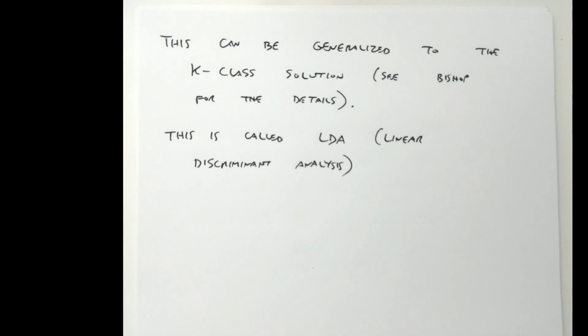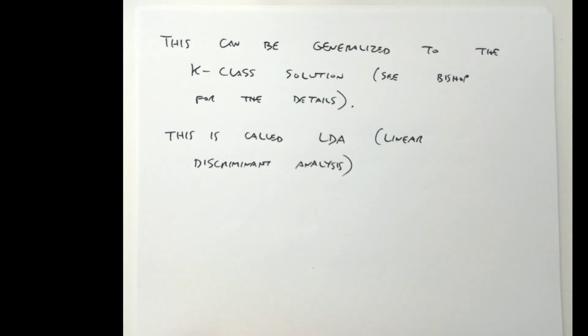So what else do I want to say about this? This is going to tie into something that we're going to talk about after the first exam, which is what you would call a dimensionality reduction of the data.